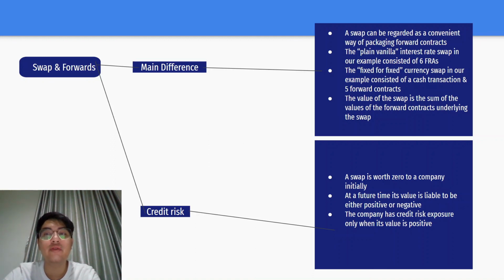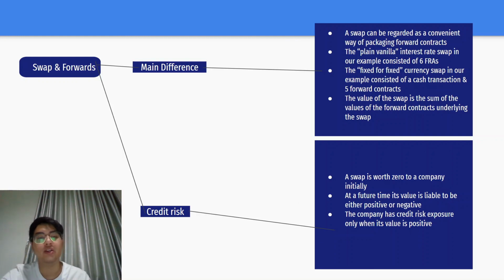Second, the plain vanilla interest rate swap in our example consists of 6 FRAs. Currency swap in our example consists of a cash transaction and 5 forward contracts. The value of a swap is the sum of the value of the forward contracts underlying the swap.